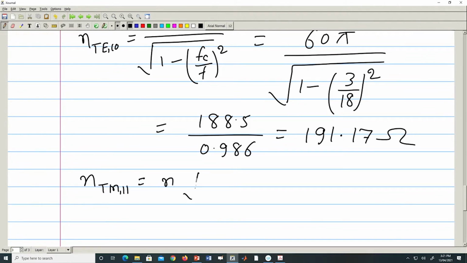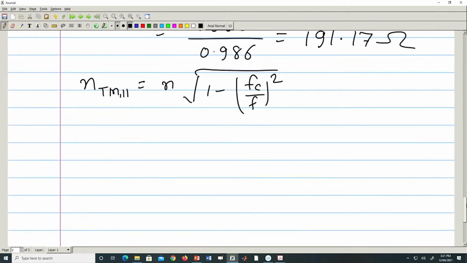Fc will be u upon 2 into the square root of (m by a) whole square plus (n by b) whole square, and u will be the same for each mode as in the previous case.